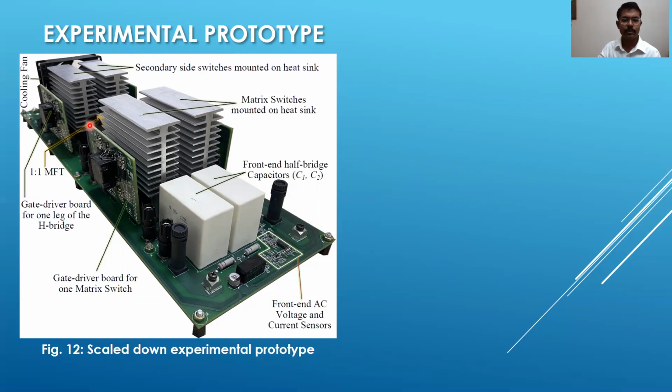It is designed for 3.5 kilowatt, but presently we are operating it at 2 kilowatt, and hence presently we have a power density of about 2 kilowatt per liter, and that is quite competitive, I would say, compared to the other topologies of solid state transformer, and obviously better than the conventional CMSST, whose typical power density would be around 1.5 to 1.7 kilowatt per liter.